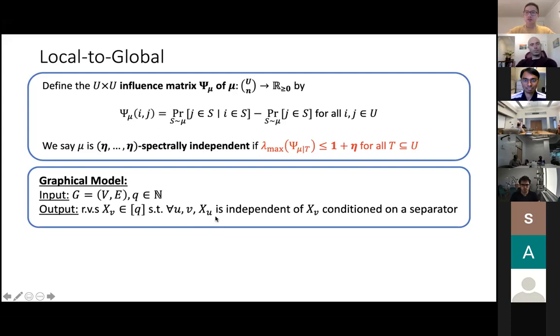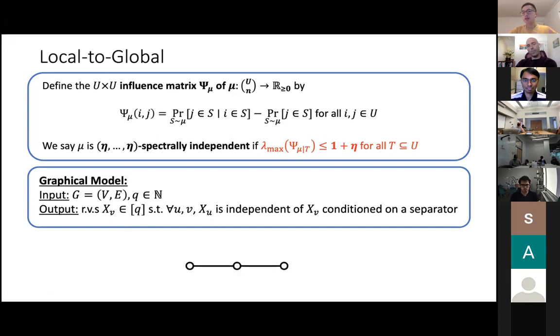It just says the following. If you take a pair of vertices, U and V, and you condition on the values of these random variables on a separator in this graph, so basically once I condition, I disconnect these two vertices U and V, then these random variables, X_U and X_V, are independent of each other.